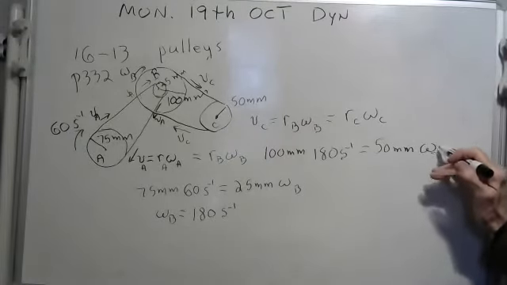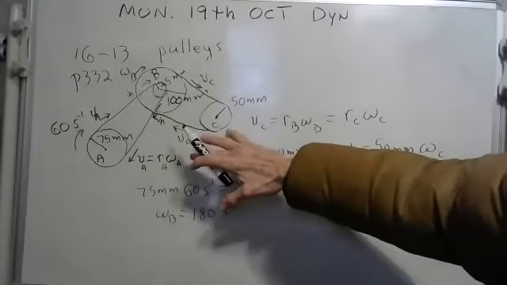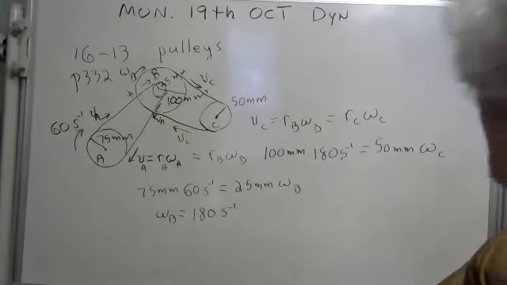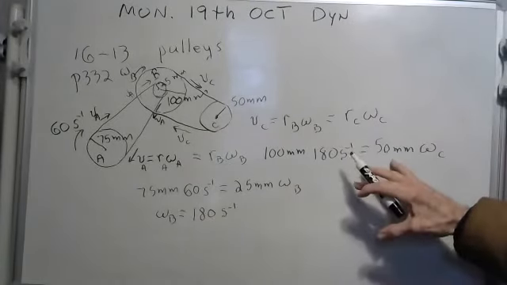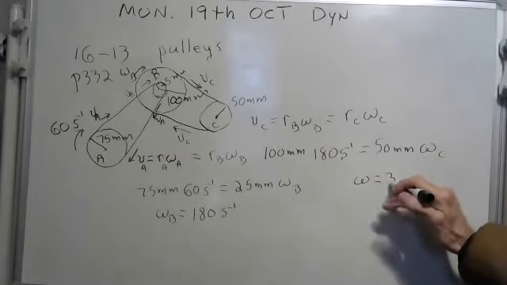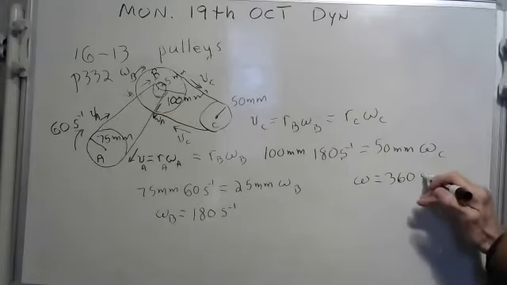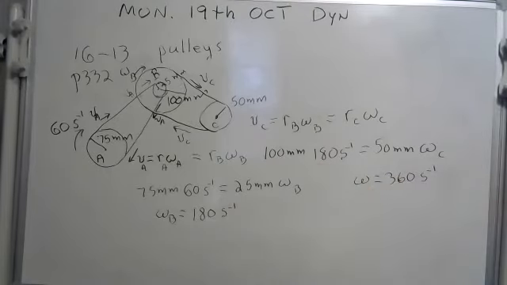And so we can solve for the angular velocity of the pulley on the air conditioner. I can do that in my head. I'm getting 360 radians per second. If you don't believe me, plug it into your calculators for the air conditioning pulley.